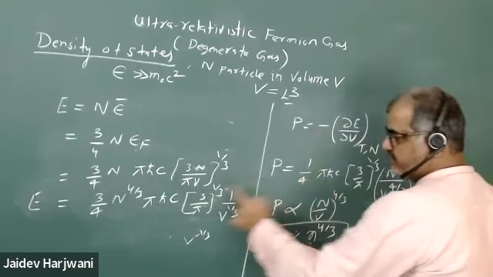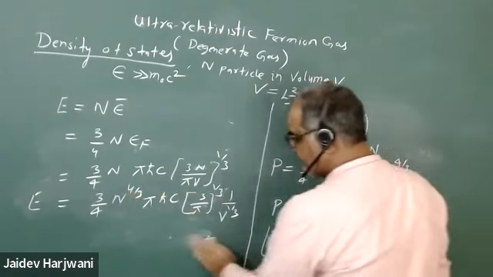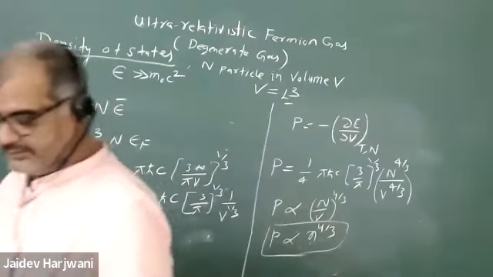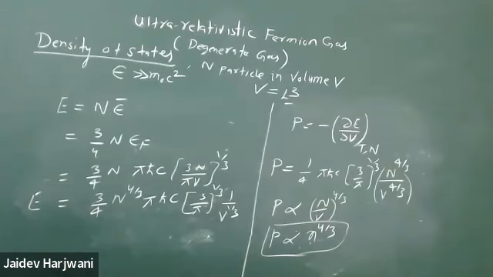And 1/3 will come, so 3 cancels. So I will be left with 1/4. We are getting 4/3 or 5/3? Let me check. Just 4/3 or 5/3. Just 4/3 only.